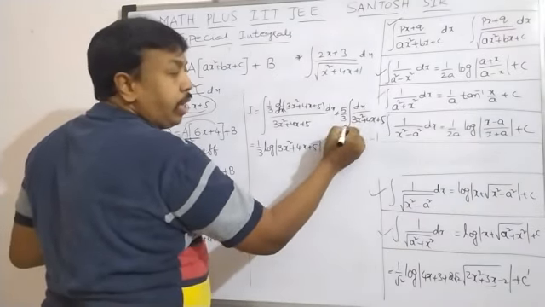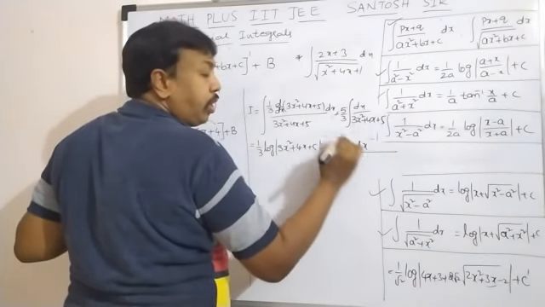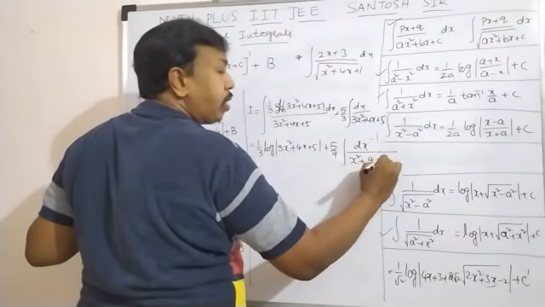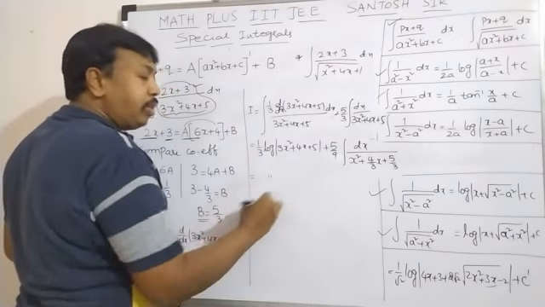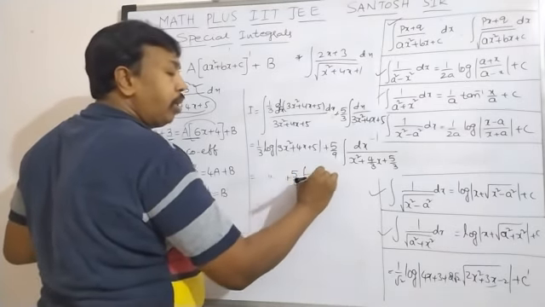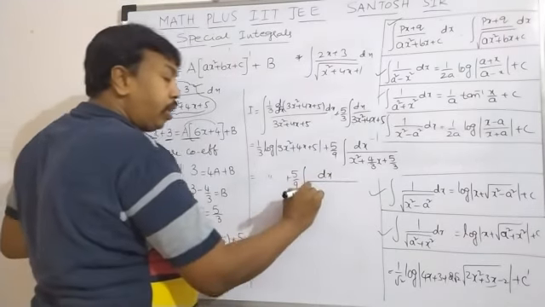Now here take 3 common, this becomes 9, same as the previous problem, the completing square method. So dx upon, we have taken 3 common, this becomes x square plus 4 upon 3 x plus 5 upon 3. So this term as it is, plus 5 upon 9 into integral dx upon, let us make it into completing square, a square plus 2ab plus b square.